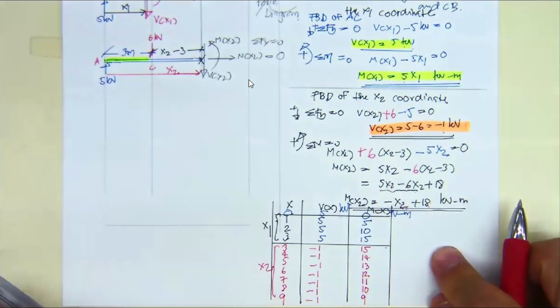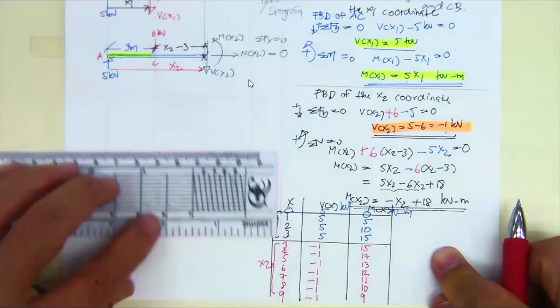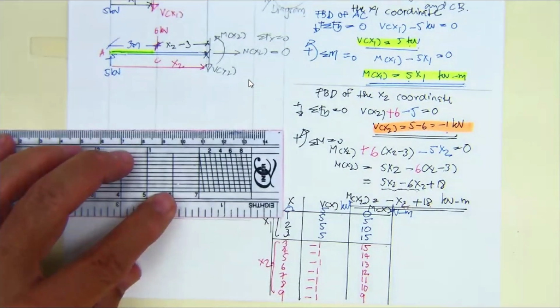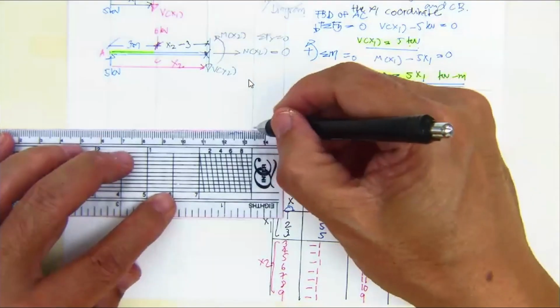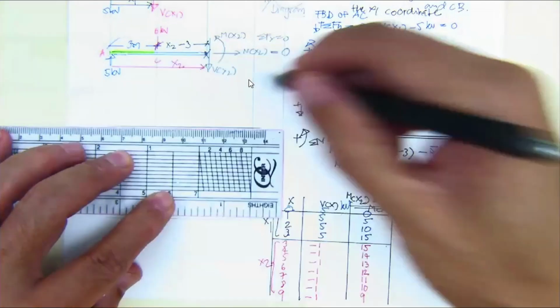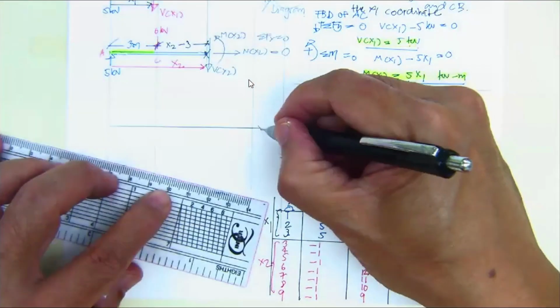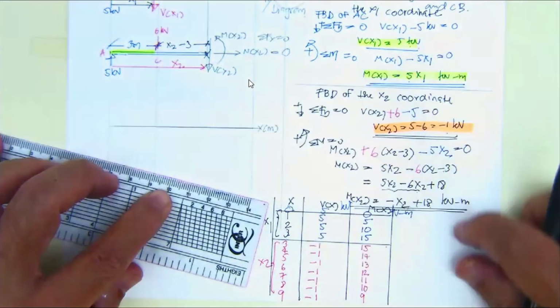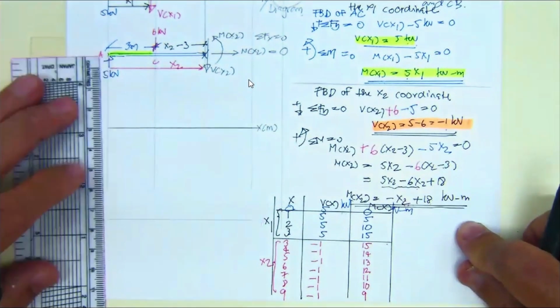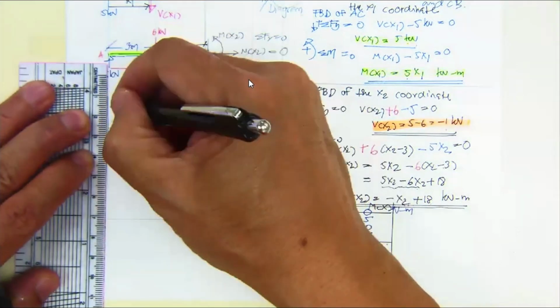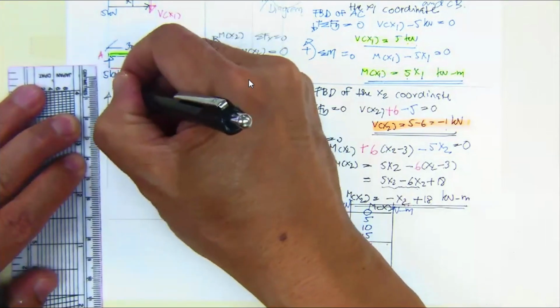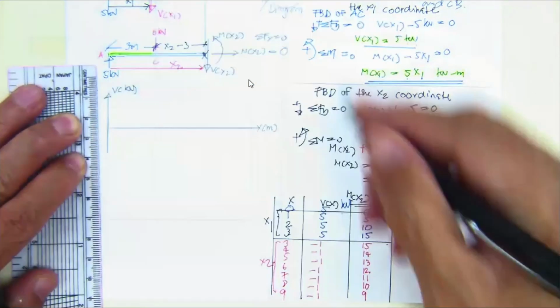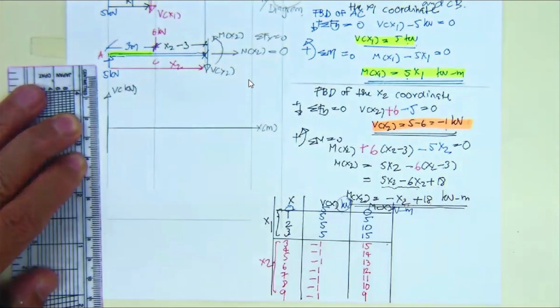Now, you get all the numbers and you are ready to draw your shear diagram. On the shear diagram, this is x in meter, and this is going to be V in kilonewton.